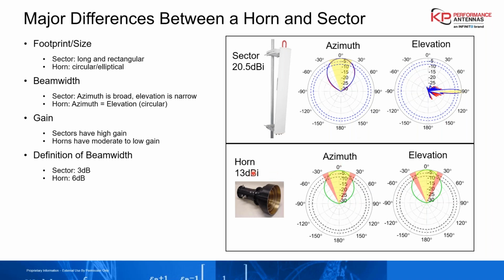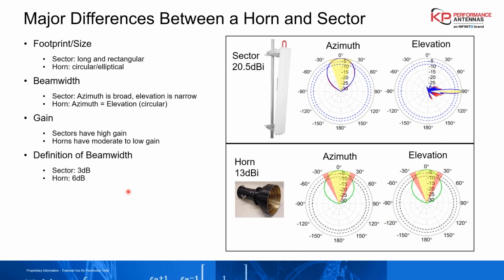The downside is the gain does drop. For an antenna that has equal azimuth beam width to a sector, the sector will always have higher gain because the elevation beam width is narrower than the horn's. So you end up having this big drop in gain when you go to a horn.